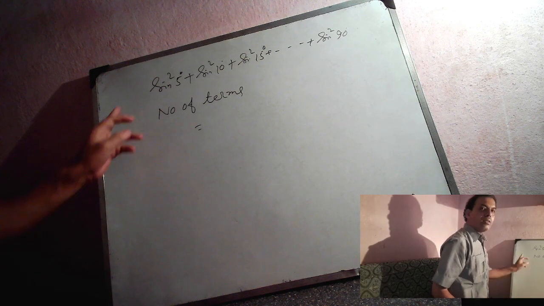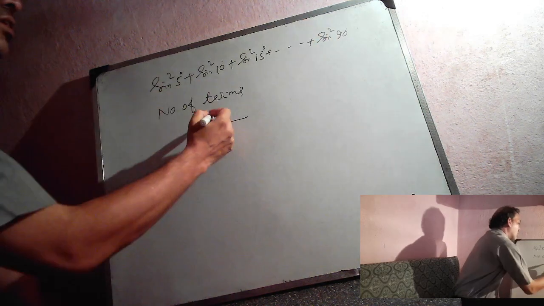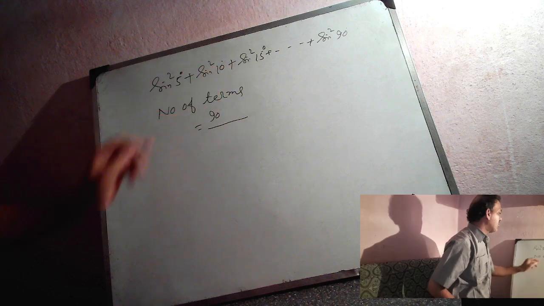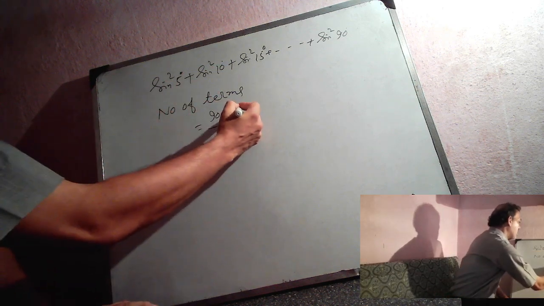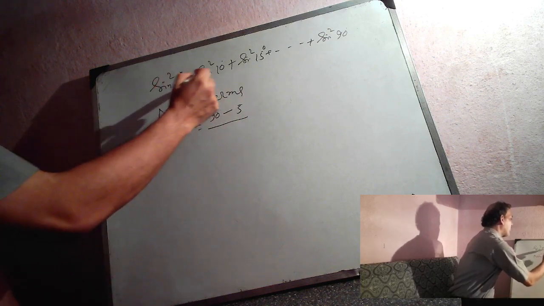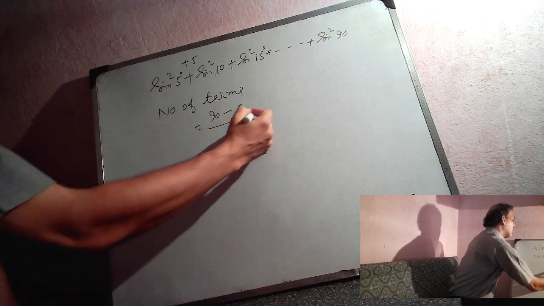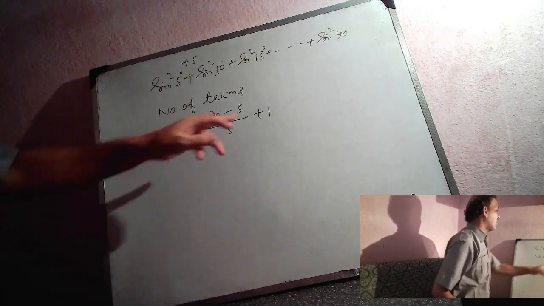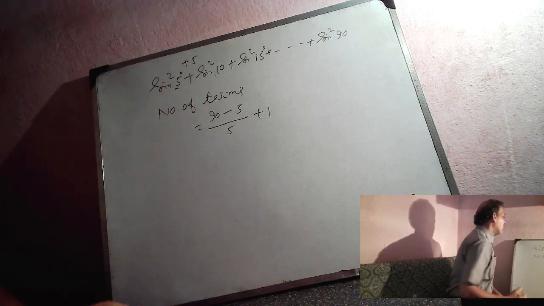To find the number of terms, use this rule. Last term, which is 90, minus the first term, which is 5, divided by the difference, which is 5, plus 1. Why have we added plus 1? We have subtracted 5, but 5 is also there.